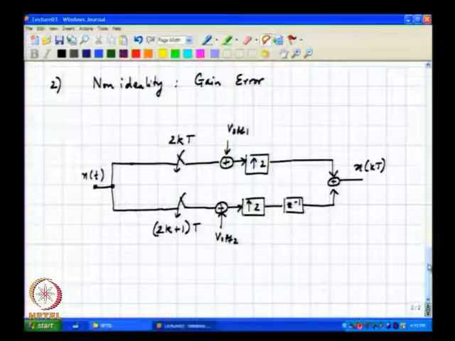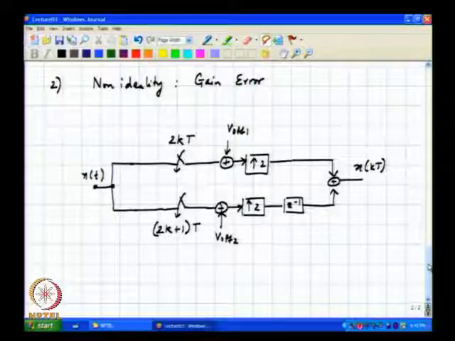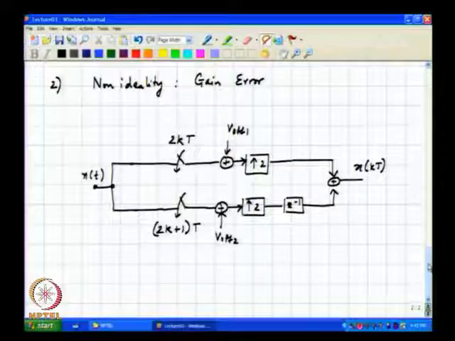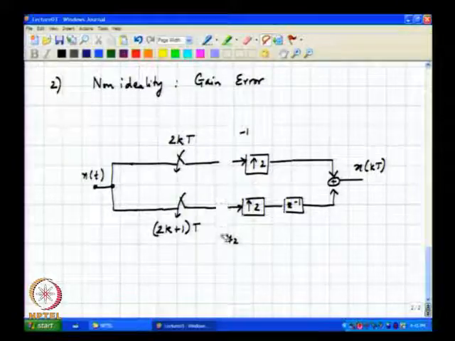Now, just like each channel introduces its own offset, because these two channels are built using different circuitry, though they are nominally identical, it will turn out that there will be a small gain error. In other words, the gains of all the channels will not be the same. You understand? So, let us now consider gain error separately.